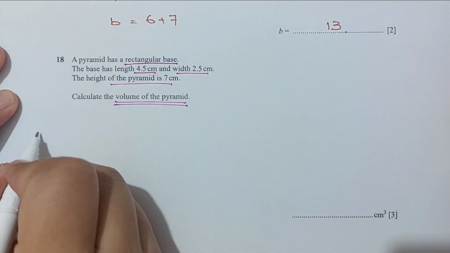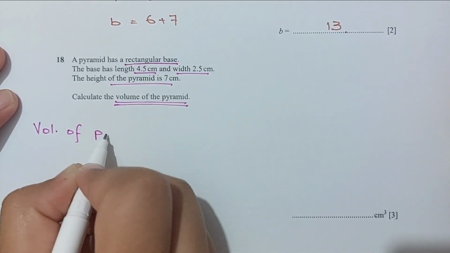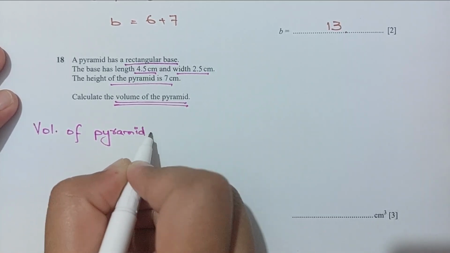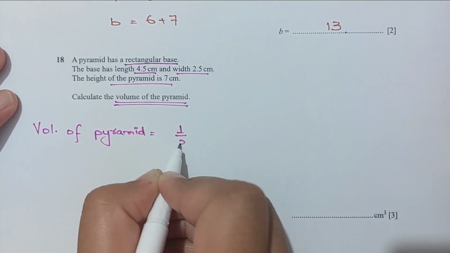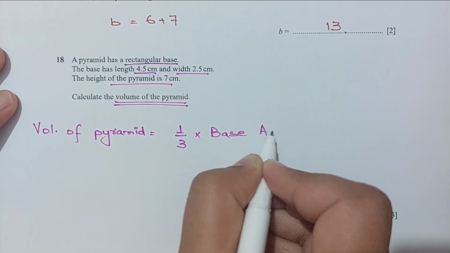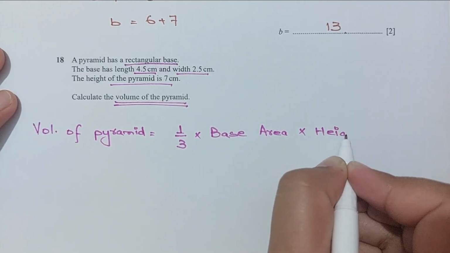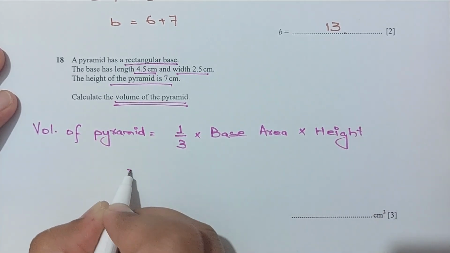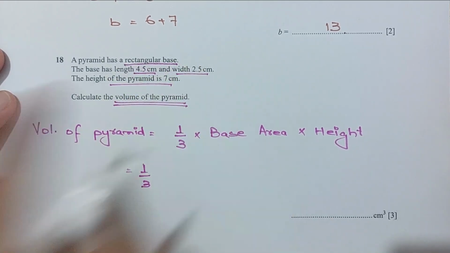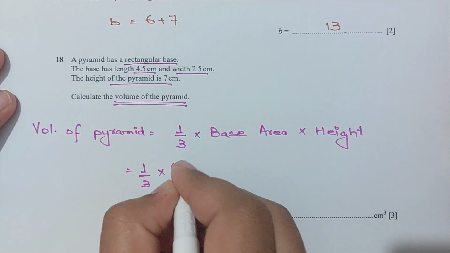To get the volume of a pyramid, we have to use a formula. The volume of any pyramid is equal to 1/3 of the base area multiplied by the height. As we know, we have 1/3. The base is rectangular, so we have to find the area of a rectangle, which is length times width.